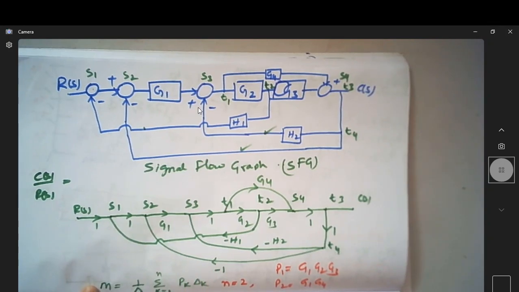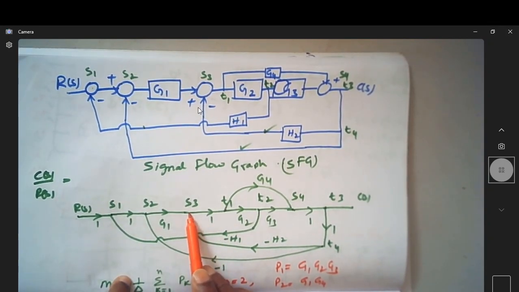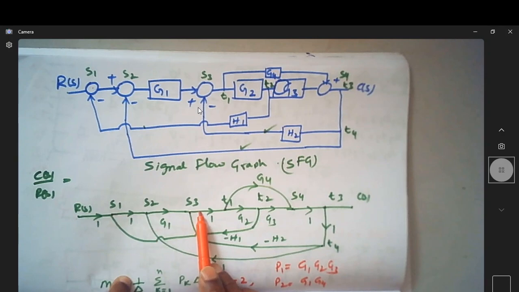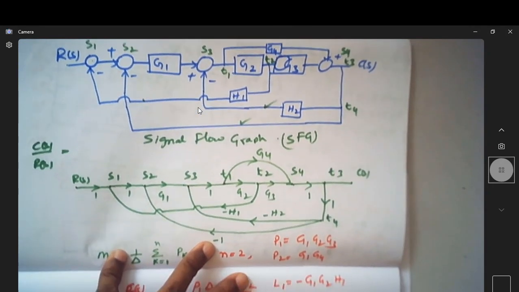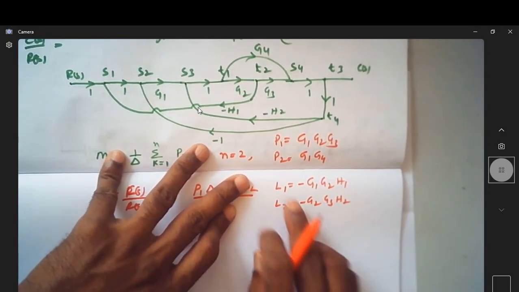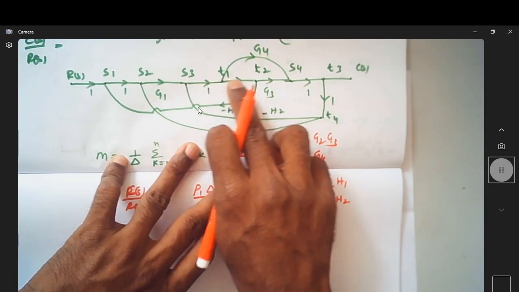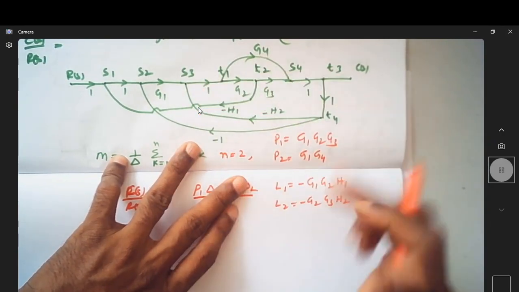And the other one you can think of, start from here, go like this, and then this. So L2 is nothing but G2, G3, H2, and take it as minus.